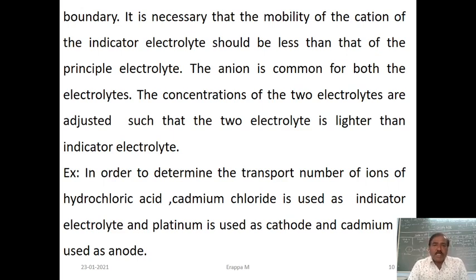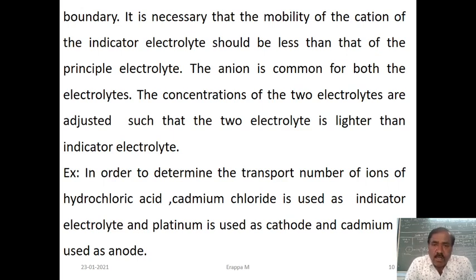That means there are two electrolytes: one is the principal electrolyte, another is the indicator electrolyte. The ions of the indicator electrolyte should not overtake the principal electrolyte. In such a way, you have to select both principal and indicator electrolytes.